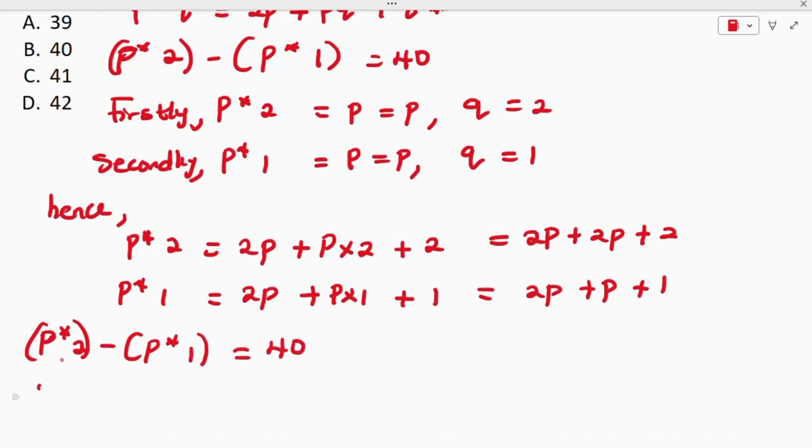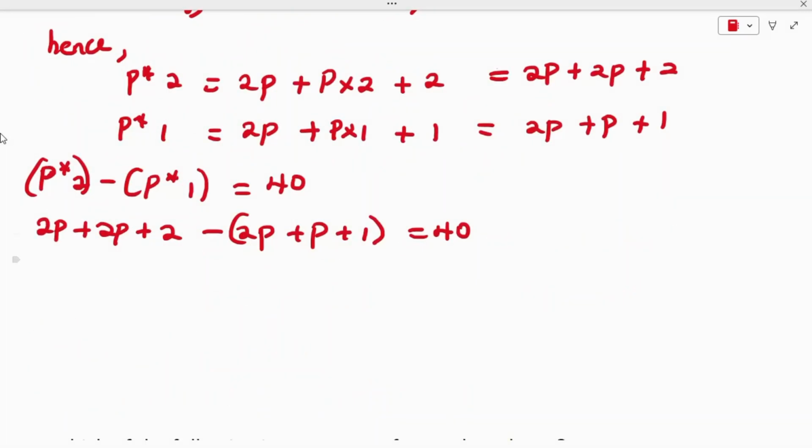So we have 2P plus 2P plus 2 minus (2P plus P plus 1) is equal to what? 40. So we have 2P plus 2P is going to give us 4P plus 2, minus 2P plus P is going to give us 3P plus 1.